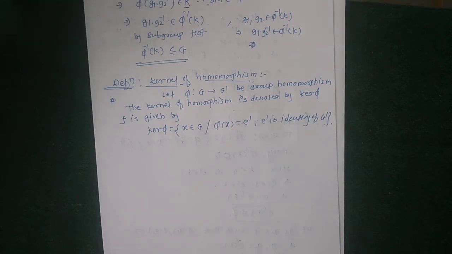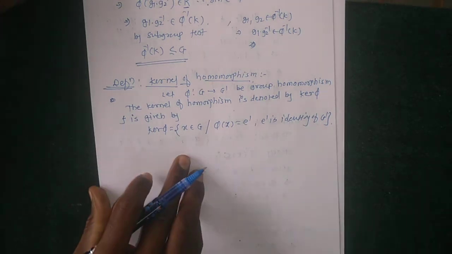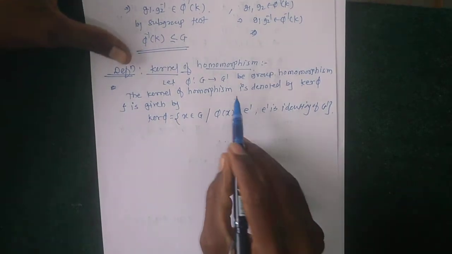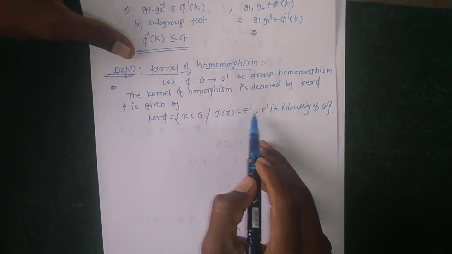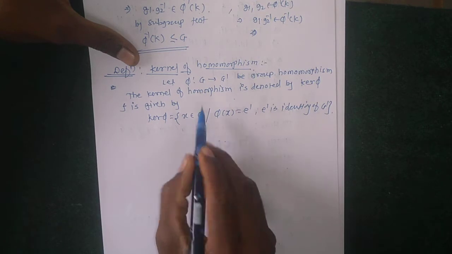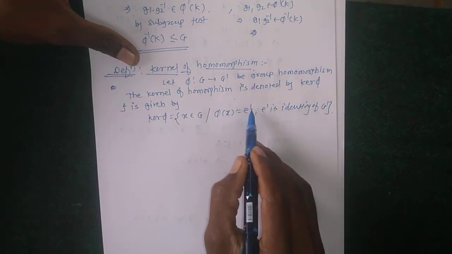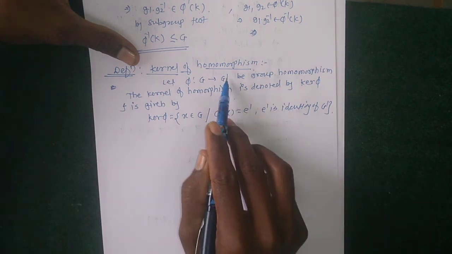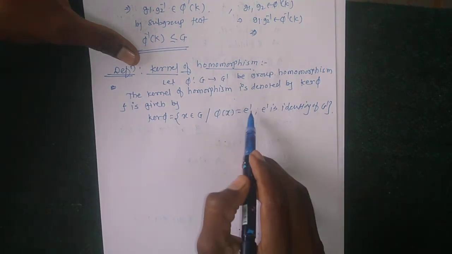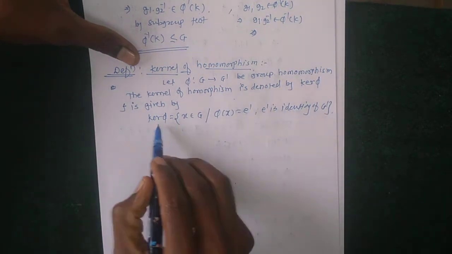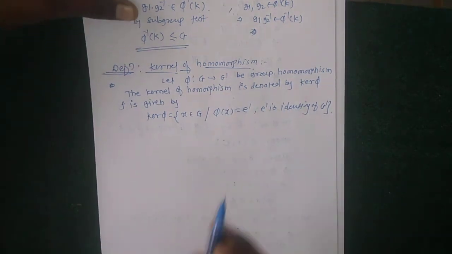Okay, those elements have their image as the identity in the codomain. If the identity of G dash is 0, then phi of x equals 0; if the identity is 1, then phi of x equals 1. So this is the definition of kernel phi.